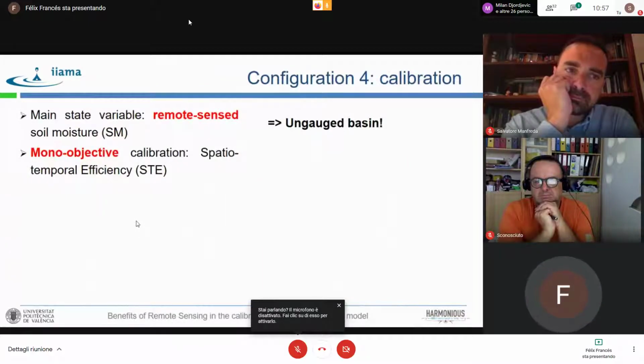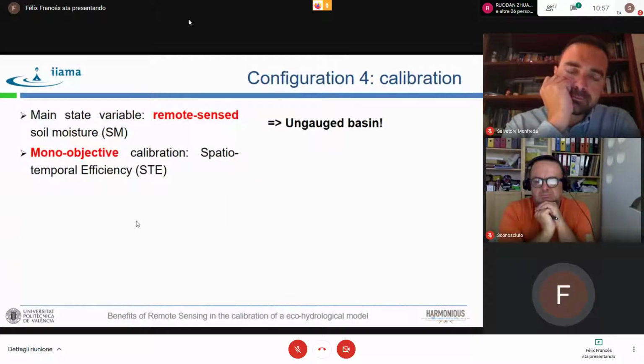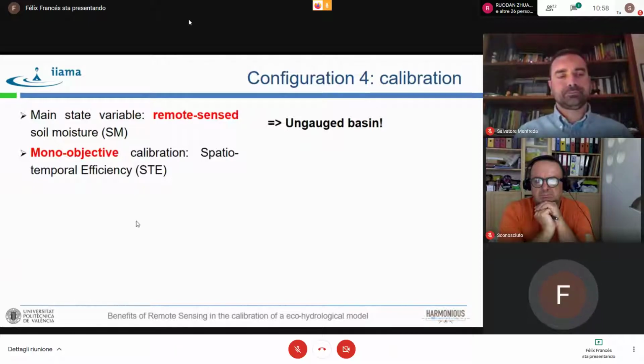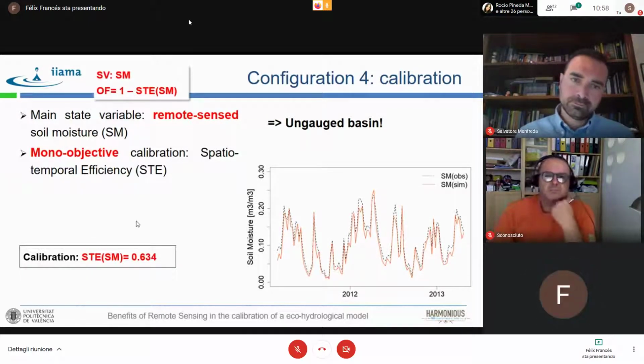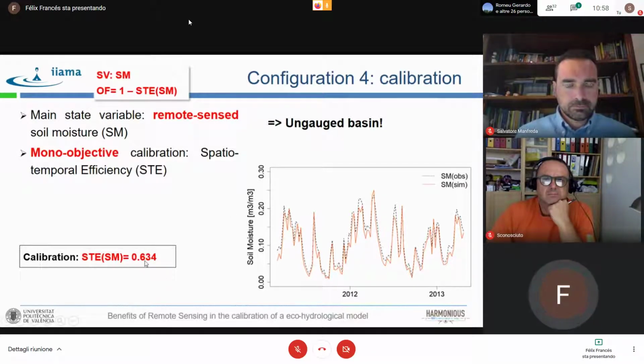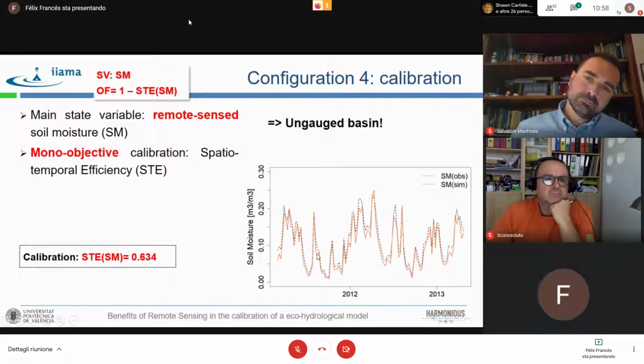What happens if we use just the remote sensing surface soil moisture? Well, in this case, we use as objective function our spatial-temporal efficiency index. The calibration is relatively good, 0.6, concerning the areal mean temporal evolution of the soil moisture during the calibration.